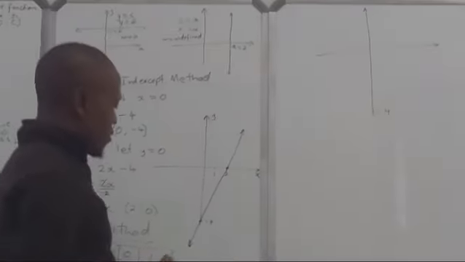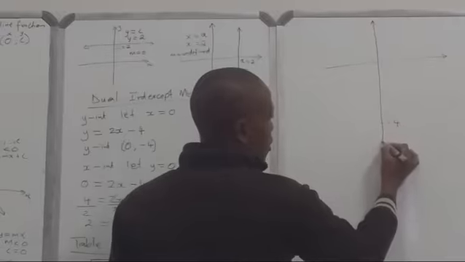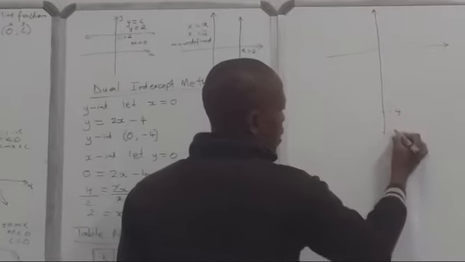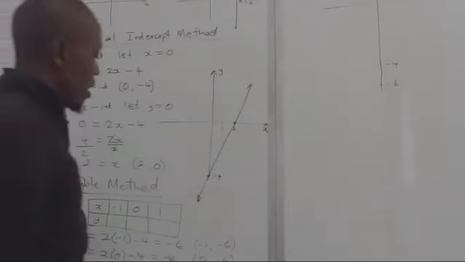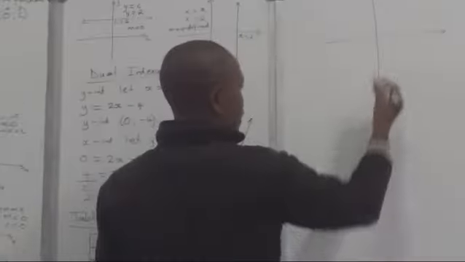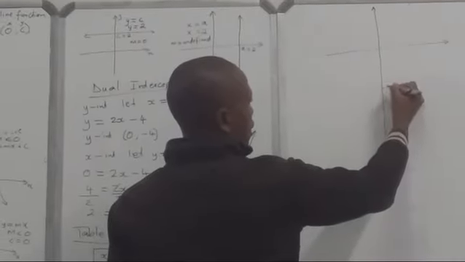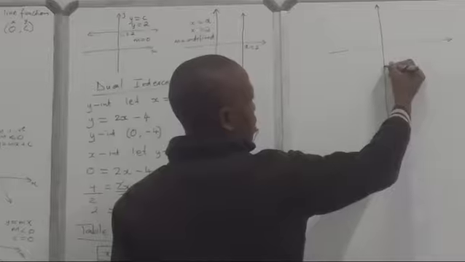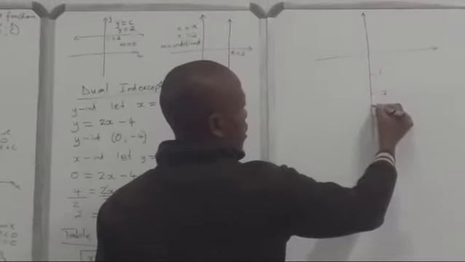We have a negative 1 and a negative 6. Okay, let's put a negative 6 there. We have a 1 and a negative 2. So that is going to be our 1.